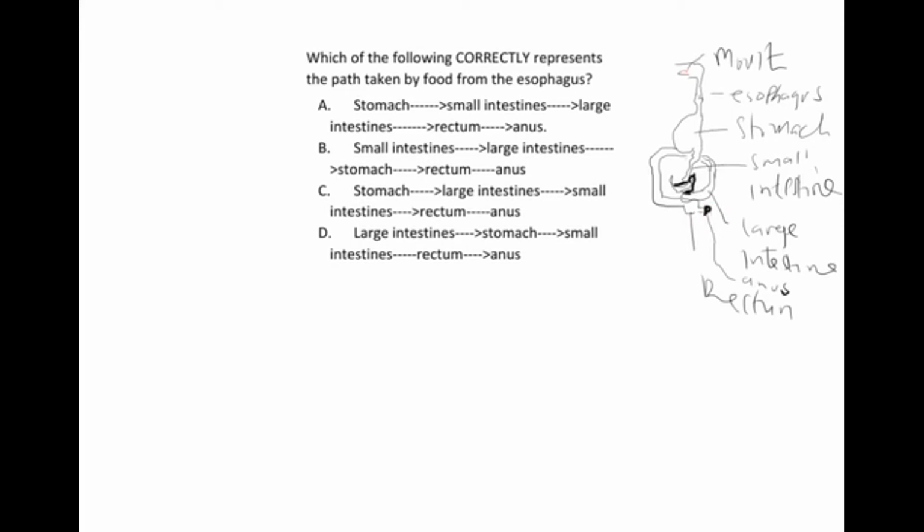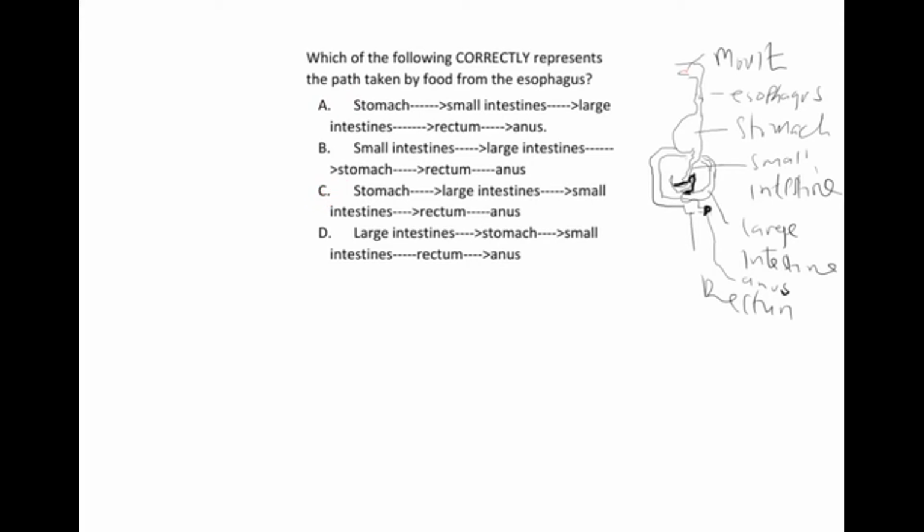So using that information now, we can trace that path using our choices. So we look at the choice that starts with the esophagus, and there is no such choice. So from the esophagus we go where? To the stomach. So we go to the choices that start with the stomach. So we have choice A, choice C. Both of them start with the stomach.